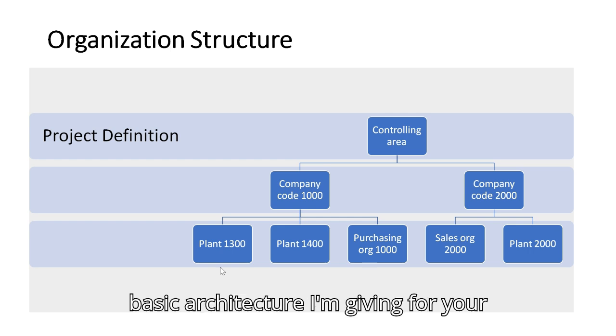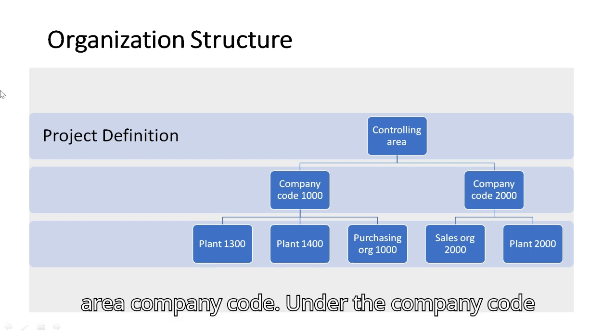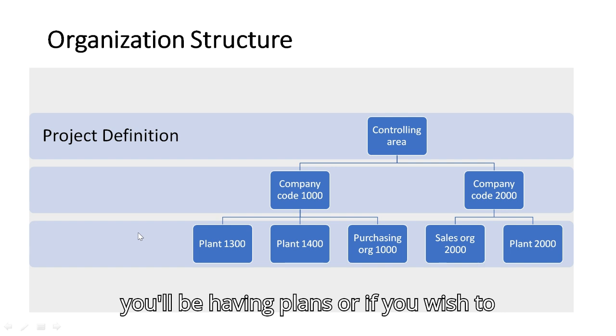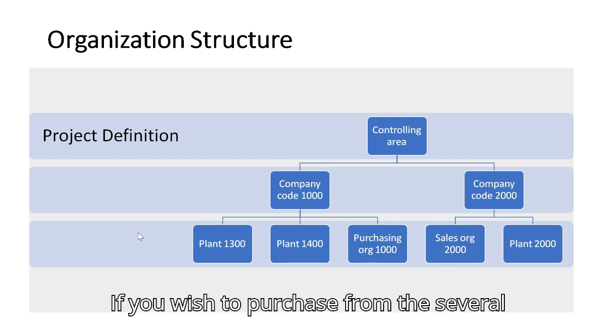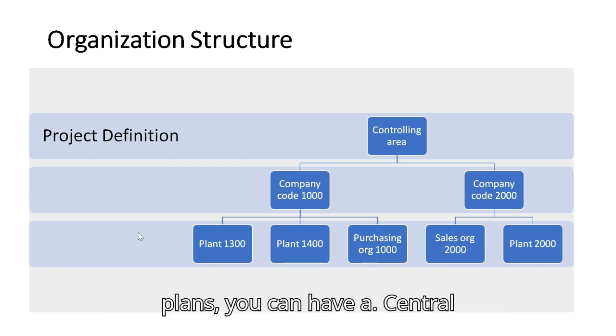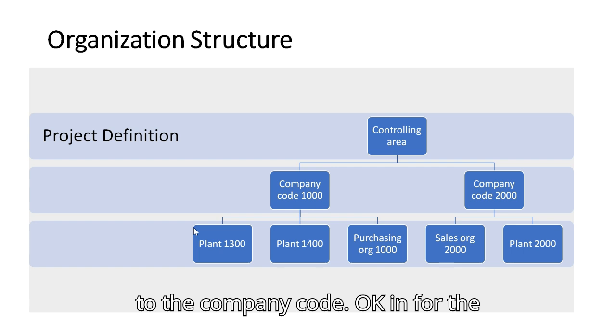The basic org structure I'm giving for your understanding purpose: the controlling area, company code. Under the company code, you'll be having plants, or if you wish to purchase from several plants, you can have a central purchasing org which is directly assigned to the company code.